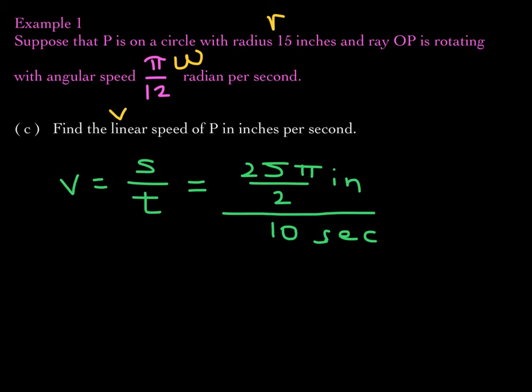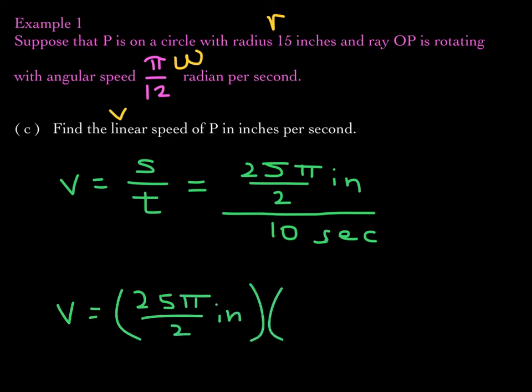So we just have some arithmetic to do here. So then this is 25 halves pi inches times 1 over 10 seconds, right? Okay. So let us divide here.